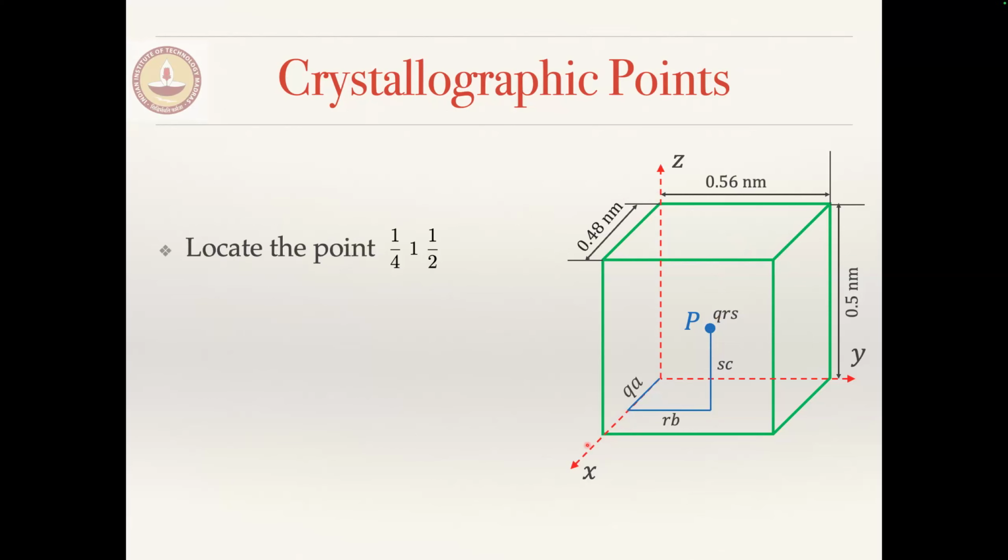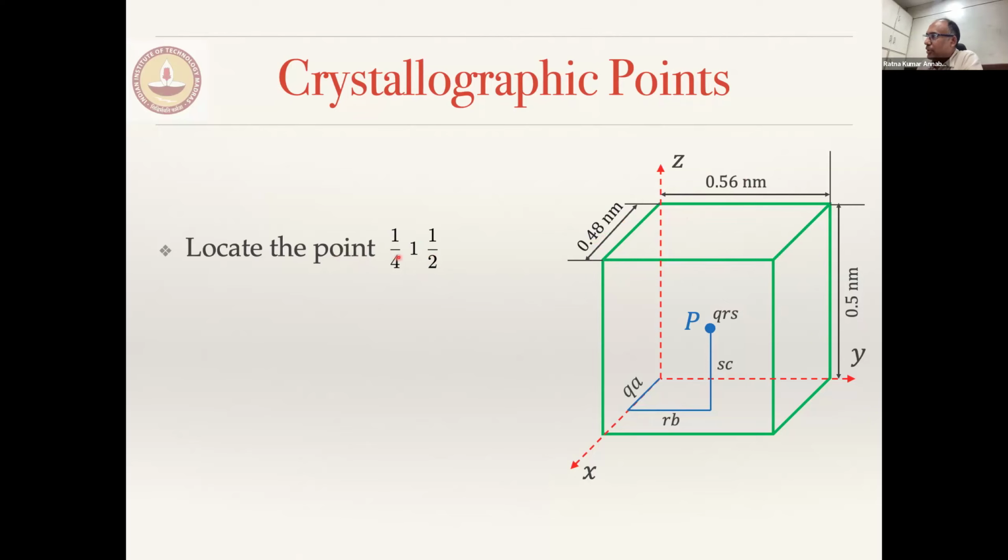So now let us say you have this unit cell whose length along the x-axis, A, is 0.48, B is 0.56, and C is 0.5 nanometers. Now you need to locate the point 1 by 4, 1, 1 by 2.